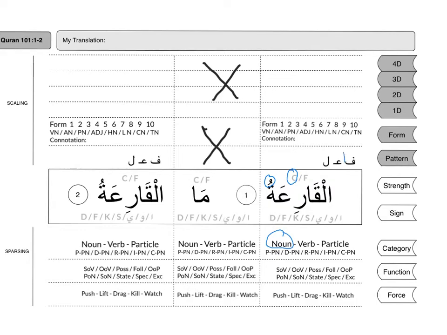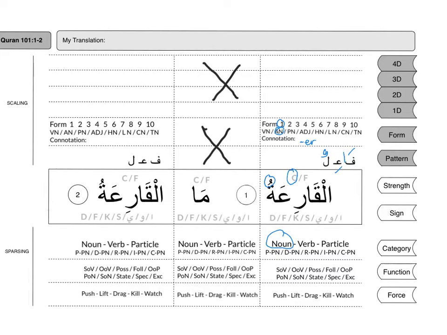So the pattern would be fa'ilatun, right? Or if you omit the feminine ta, then it becomes fa'ilun. Fa'ilun would be form 1 active noun, and the connotation would be 'er', or the one who, whatever the F1 verb meaning.